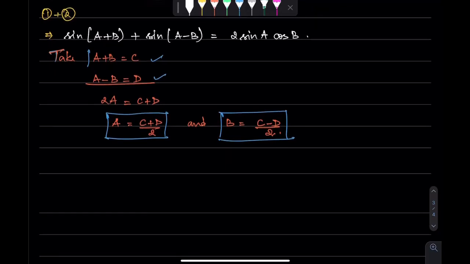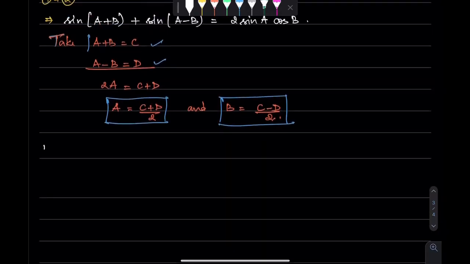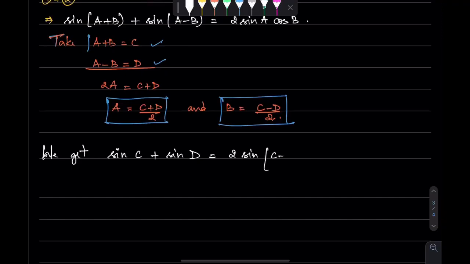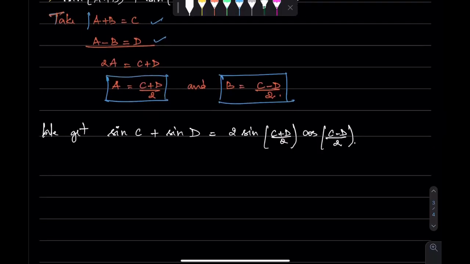Watch this, children. Sine C plus sine D is equal to 2 sine C plus D by 2 cos C minus D by 2. Yeah, okay children? So I think this is something we all should know.